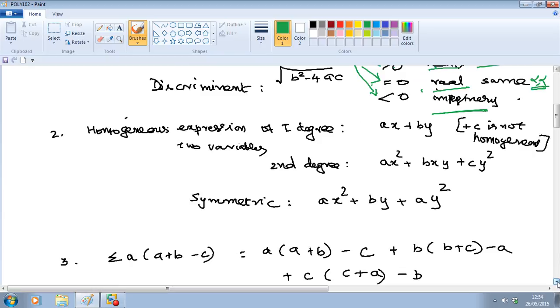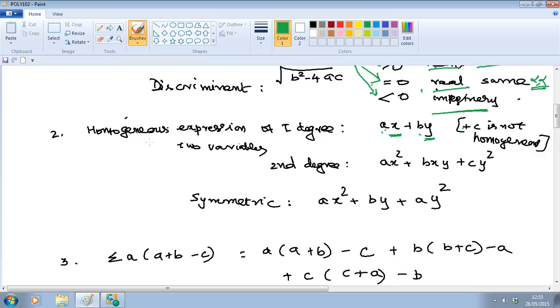So we'll go to the next. We know the homogeneous expression of first degree. First degree means x to the power 1 and y to the power 1, and there is no constant term. Here a and b are constants.